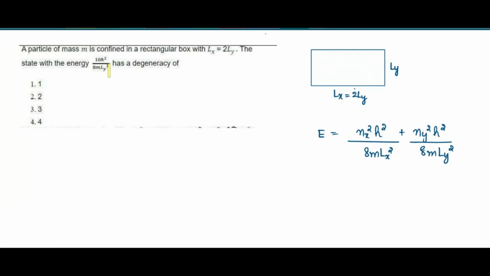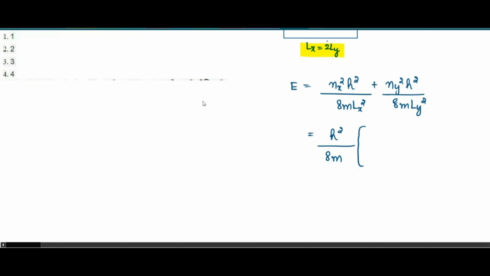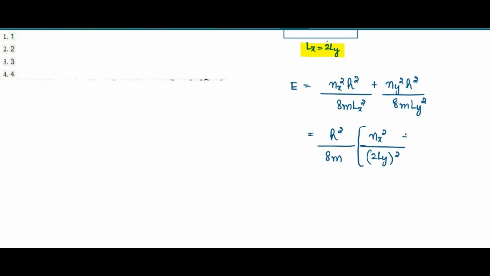Since in the question everything is in terms of Ly, let's put Lx equal to 2Ly over here. Common term, I have h square by 8m. What I'm going to have is nx square divided by, in place of Lx, 2Ly square, plus ny square by Ly square. Clear?